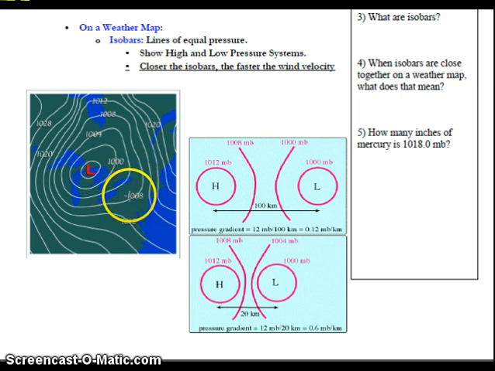Here the iso lines were drawn, and at the very center is a low. And over here you can see how closely spaced these lines are. So that would mean the wind velocity is very fast here compared to over here where the lines are spaced out. Just like we learned with contour maps, when the lines were closer together, we had a steeper slope. Here it's faster wind velocity. And here's another type of picture to help you with that.